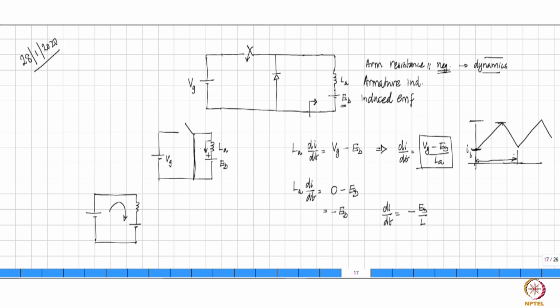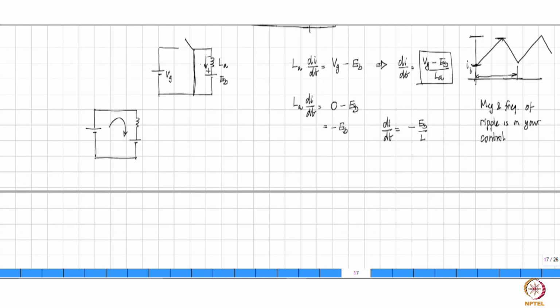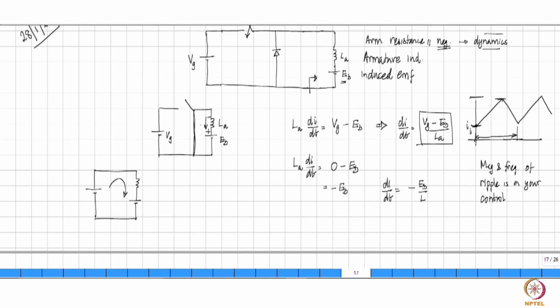Therefore, if you do this operation, both magnitude and frequency of ripple is in your control, right?